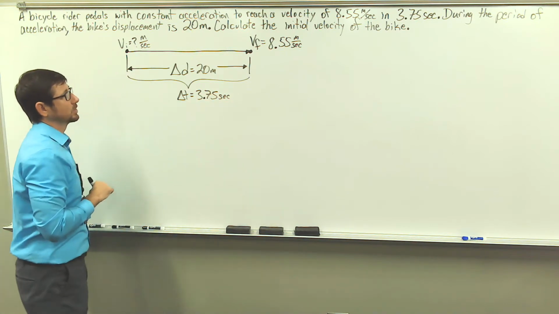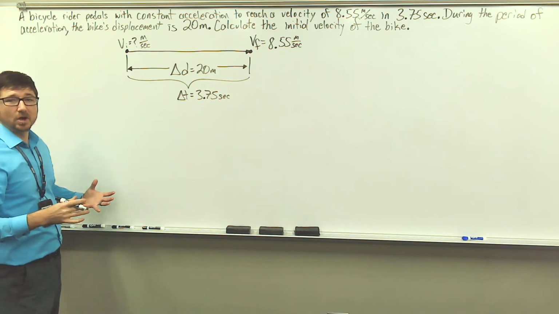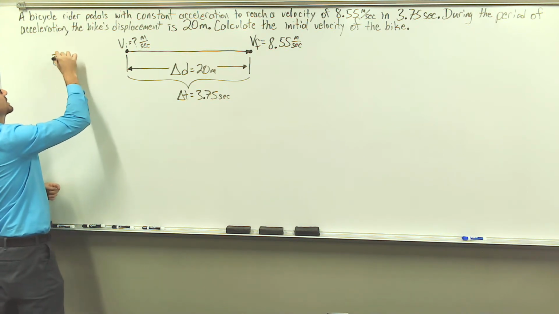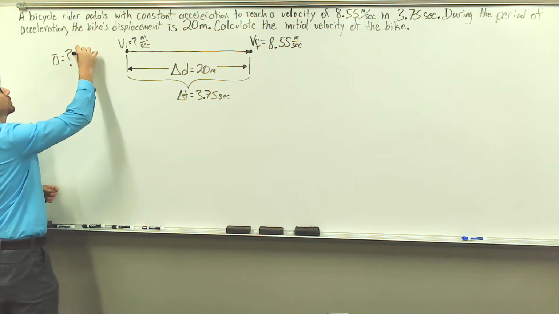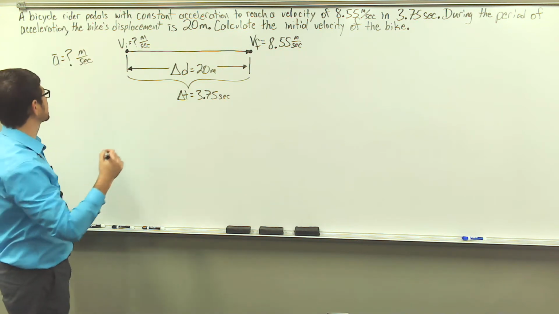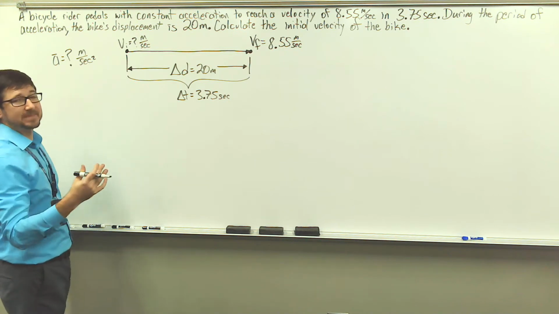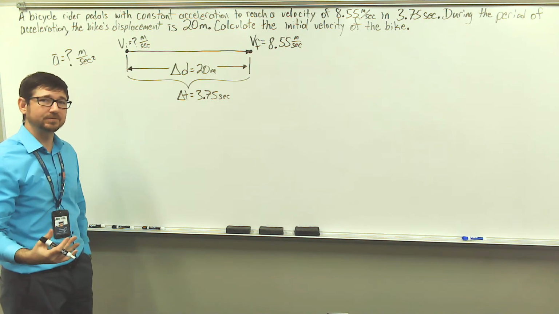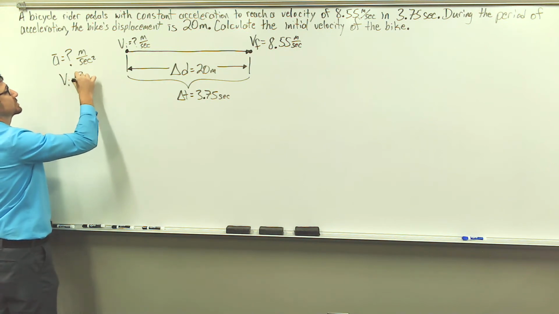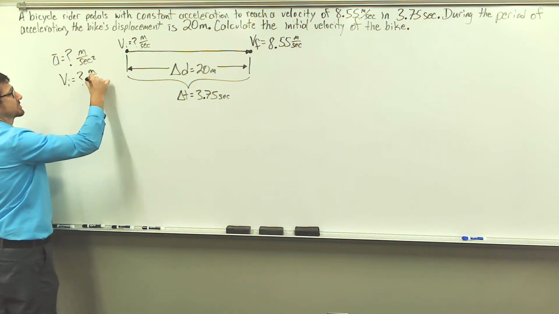We do not know the acceleration of the object, but we do know that the units need to be in meters per second squared. And we do not know the initial velocity of the object, but we do know that the units should be in meters per second.